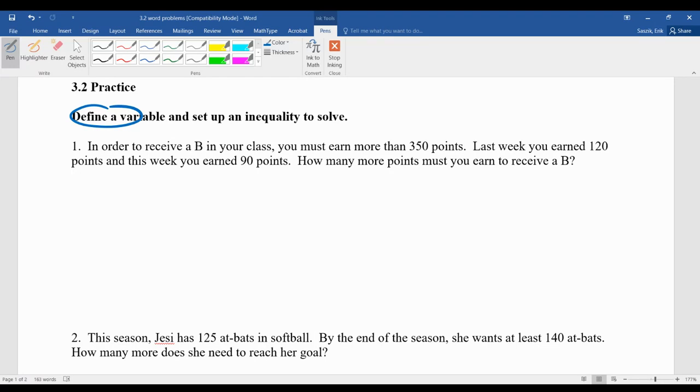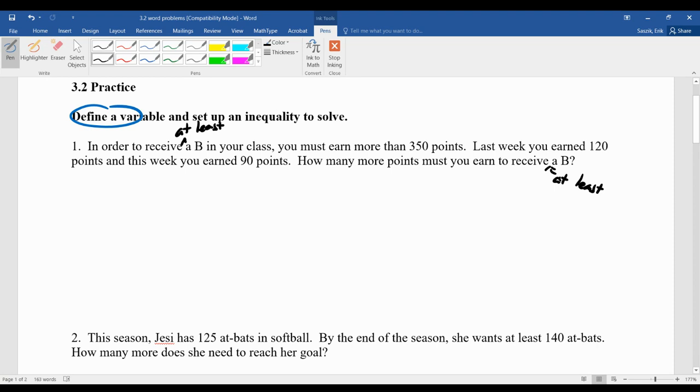Last week you earned 120 points, and this week, really what this should say is, and I apologize for this, in order to receive at least a B in your class, you must earn more than 350 points. Last week you earned 120, this week you earned 90. How many more points must you earn to receive at least a B?